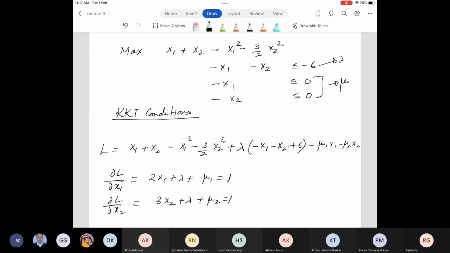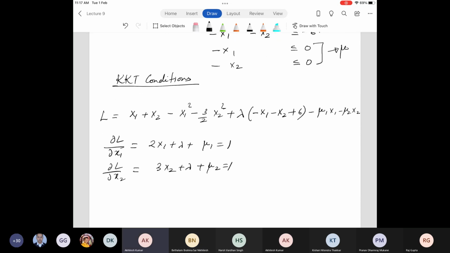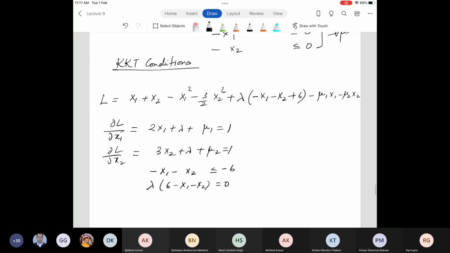Yes, sir. Now I need to write my other conditions. Minus x1 minus x2 should be less than or equal to minus 6. Lambda into (6 minus x1 minus x2) is equal to 0. Mu1 x1 equals 0 and mu2 x2 equals 0.